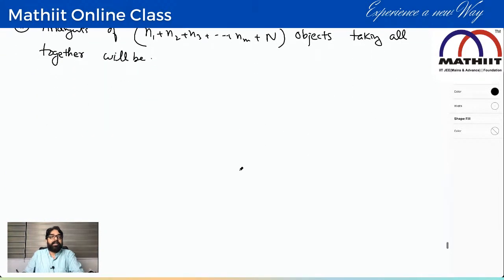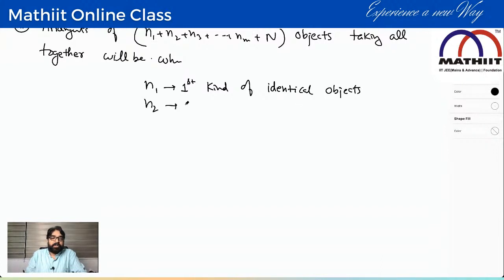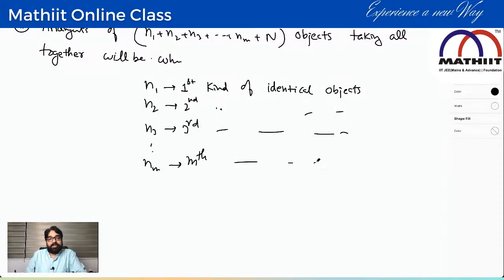Arrangement of n1 plus n2 plus n3 plus so on till nm plus capital N objects, when taking all together, where n1 is the first kind of identical objects, n2 the second kind of identical objects, n3 the third kind of identical objects, so on, nm the mth kind of identical objects, and capital N different objects. This is the way of writing.